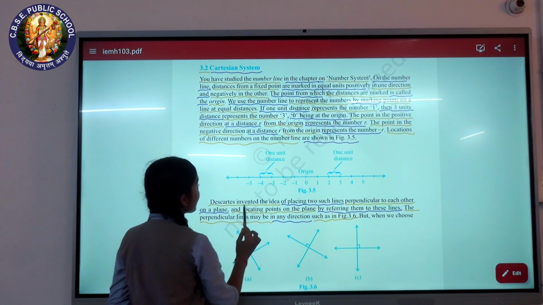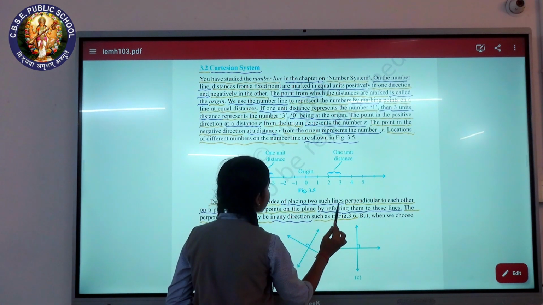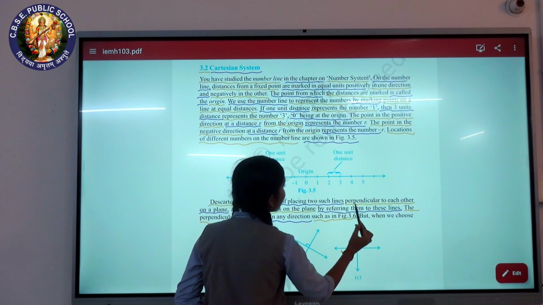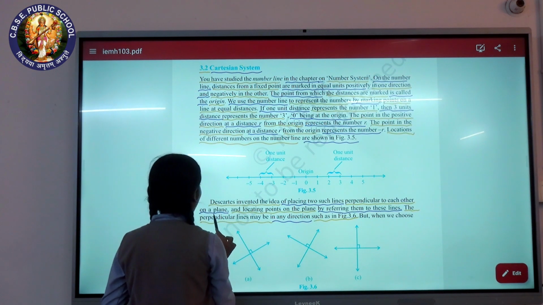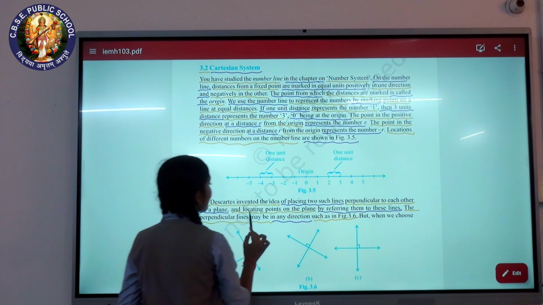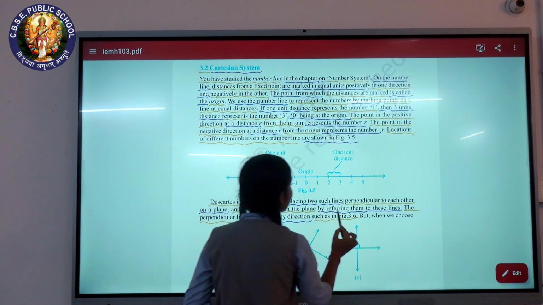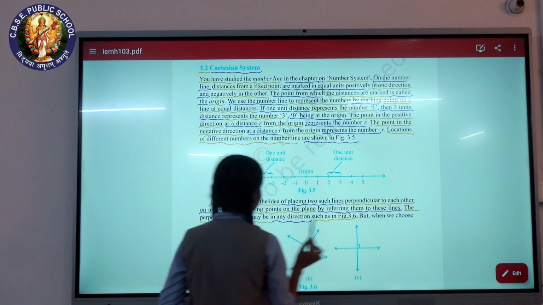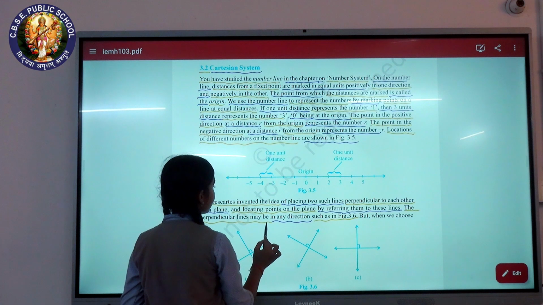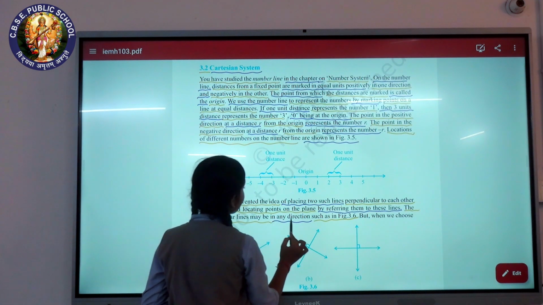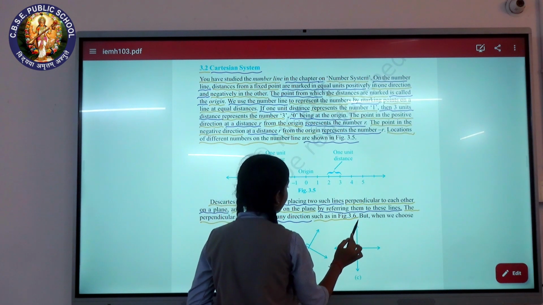Descartes invented the idea of placing two such lines perpendicular to each other on a plane and locating points on the plane by referring them to these lines. The perpendicular lines may be in any direction, such as in figure 3.6.